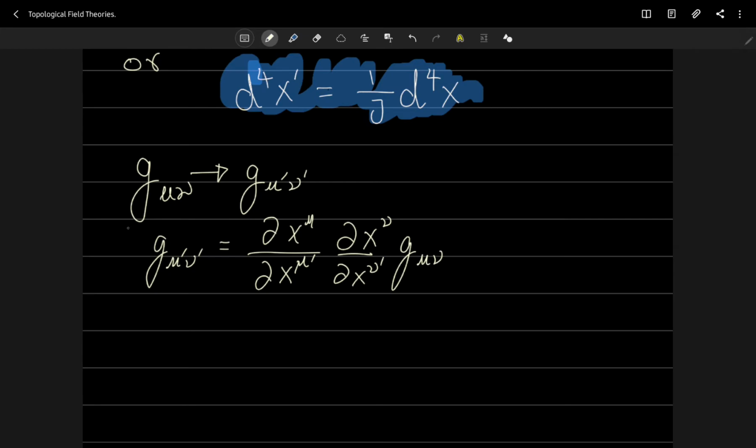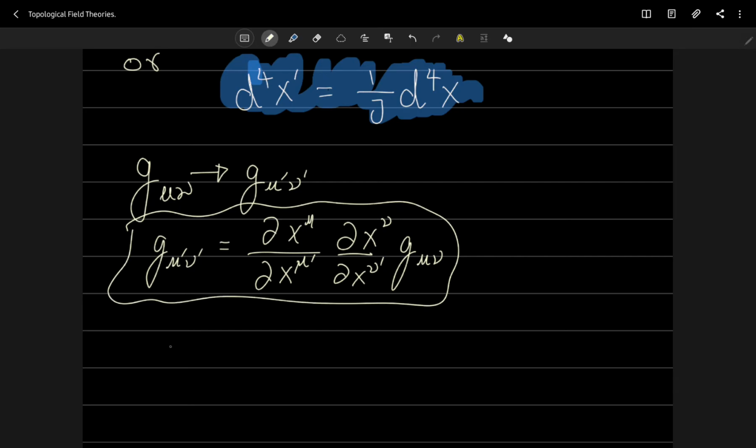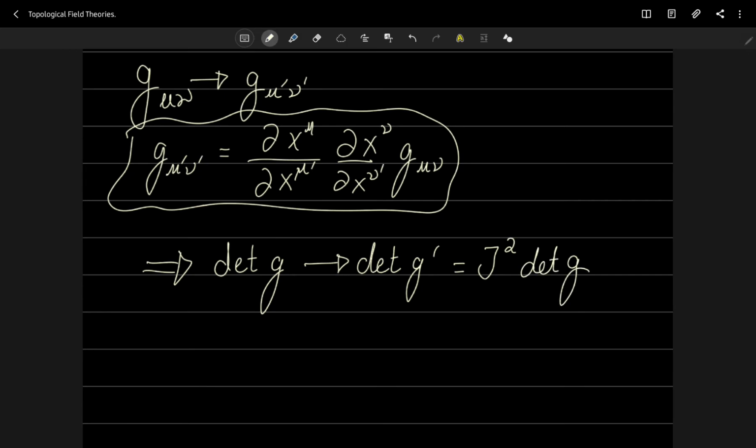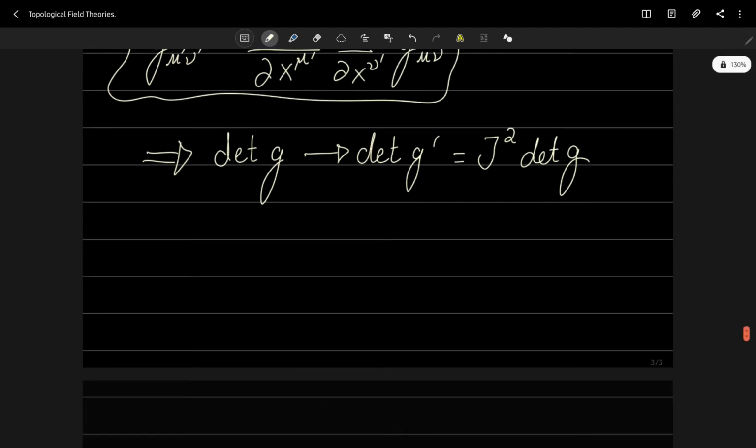Now this simply implies that the determinant of g transforms as the determinant of g prime, which would simply be equal to j squared times the determinant of g. Or you could simply say that g transforms as g prime, which is simply equal to j squared g, right?